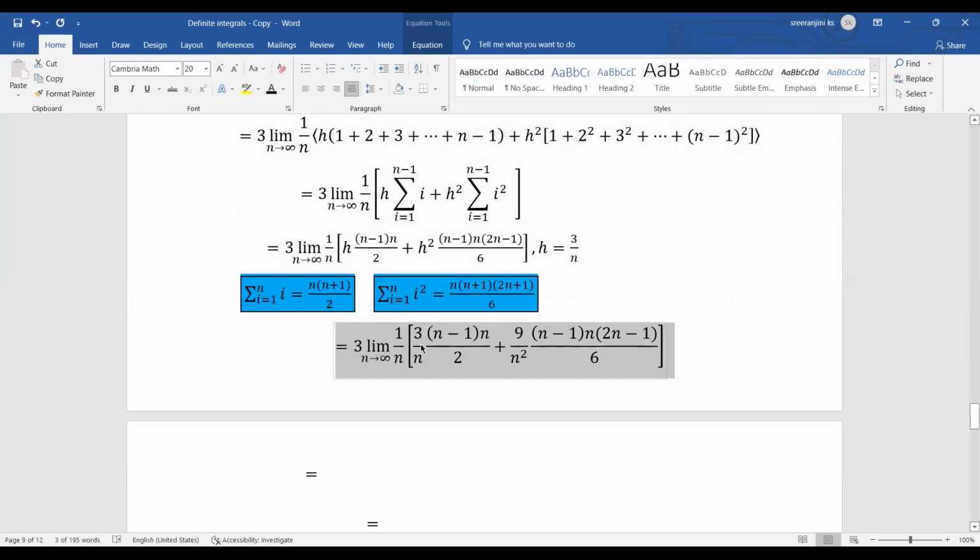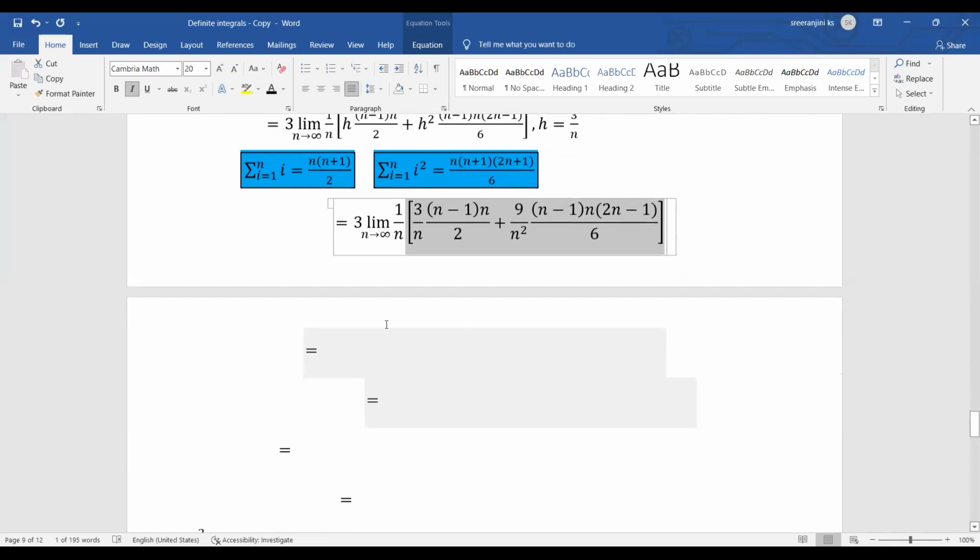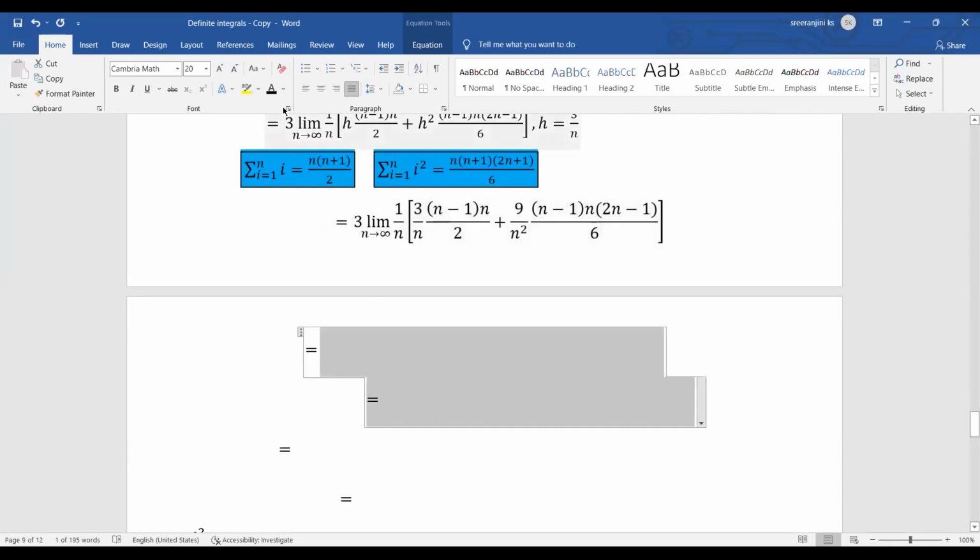So instead of h, I'm writing 3 by n into (n minus 1) n by 2 plus h square. h square is (3 by n) the whole square. So it will be 9 by n square into sigma value is (n minus 1) into n into (2n minus 1) by 6.